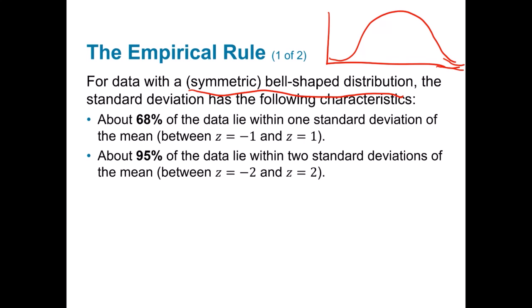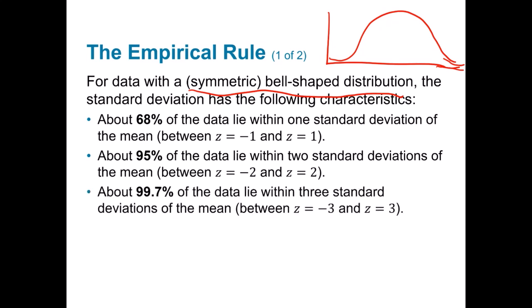But really, most of your data is within 1, and a lot of your data is within 2. And by the time you get out to 3 standard deviations, once you're between z equaling -3 and z equaling +3, you have virtually all of your data accounted for. 99.7% of your data is going to be between z equaling -3 and 3.